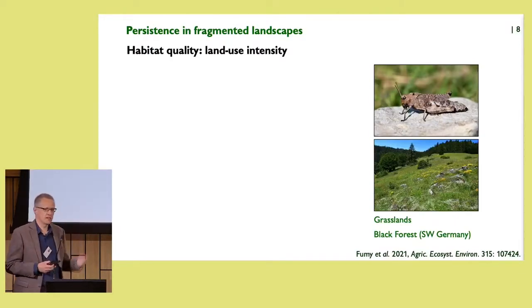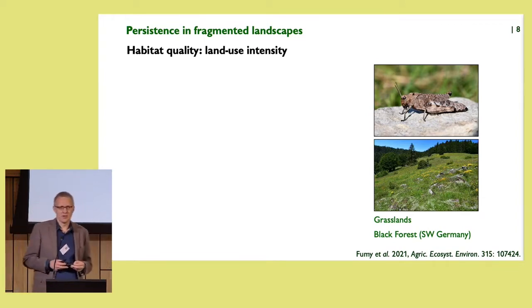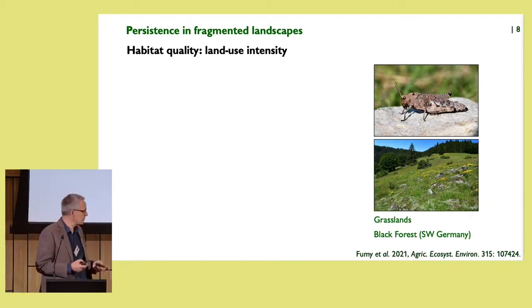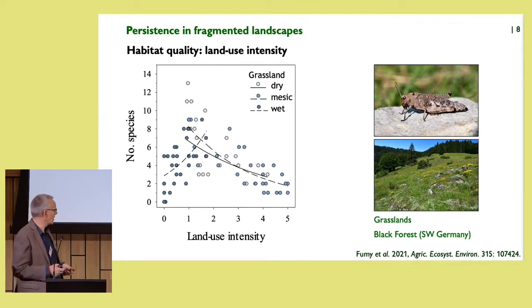Another thing that is quite important when we talk about habitat quality is land use intensity. It's a key driver of habitat quality in our patches. Here we conducted a study in southwestern Germany in the Black Forest region, and we studied different types of grasslands, and the pattern was quite clear.